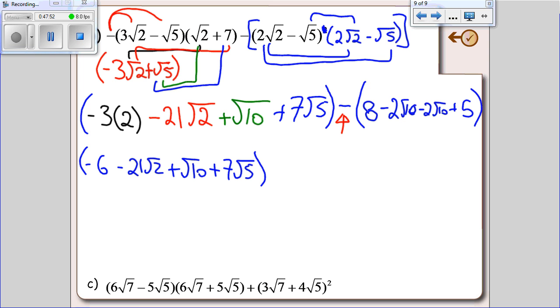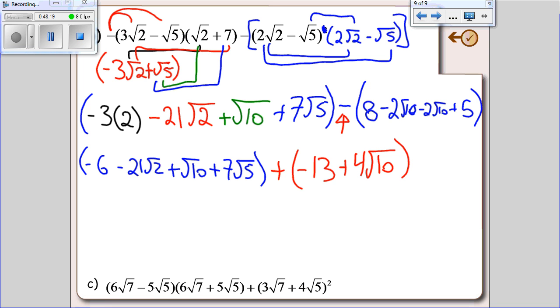So it would have been 13. So we have negative 13, and we have positive 4 root 10. That 13, I just combined my 5 with my 8, it'd be 13, and then switch the sign here. Now we can. Okay.